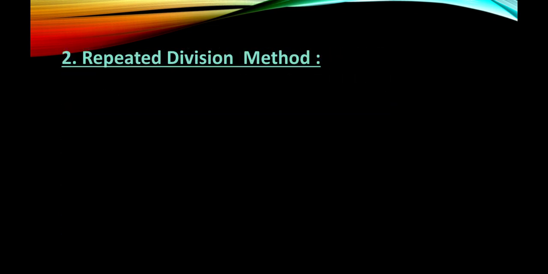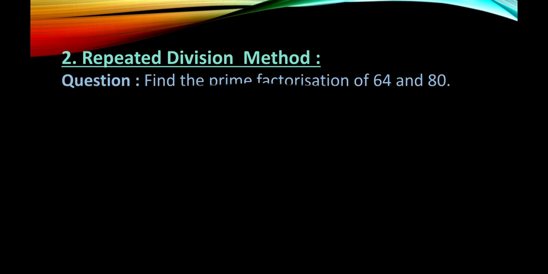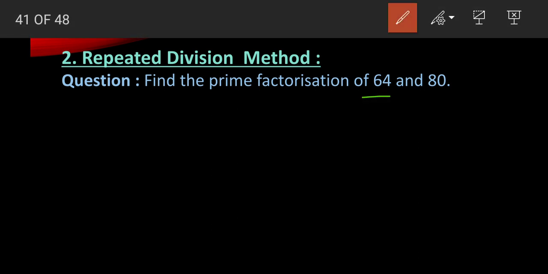Now come to the second method, the repeated division method. Let us explain this with the help of a question. Find the prime factorization of 64 and 80.